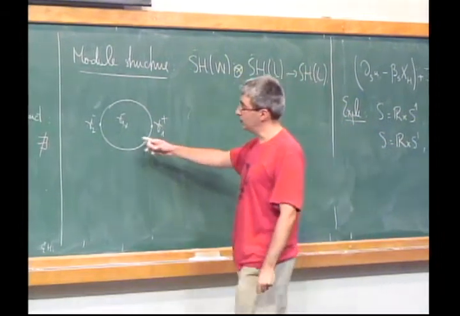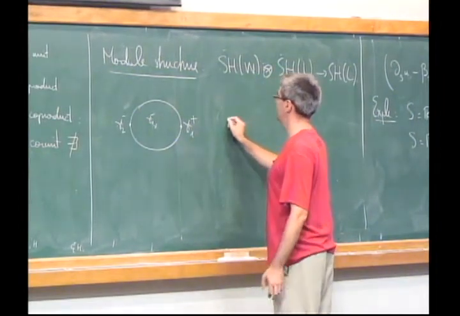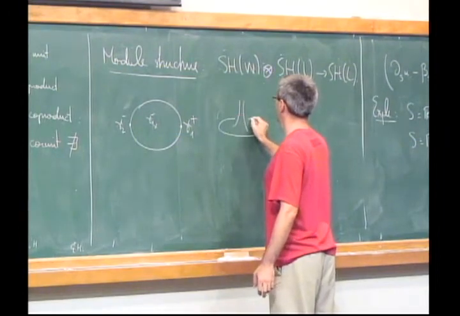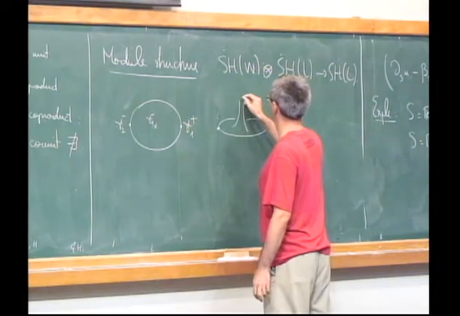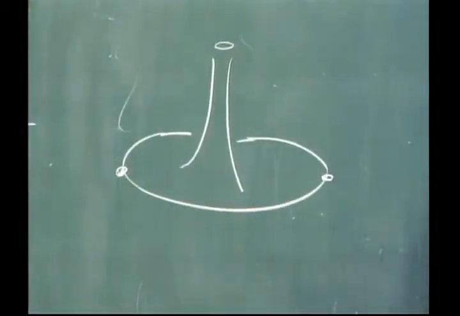If you wish, you can even redraw this business by saying that maybe this is nicer, like this, or like this, yeah? So here I'm asymptotic to some periodic orbit, and here, or even like this, I draw a strip.